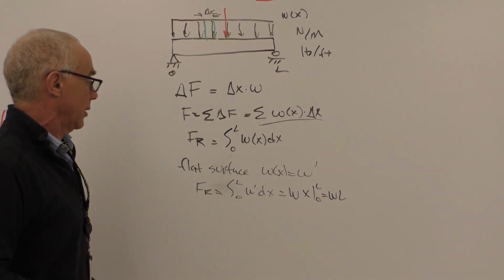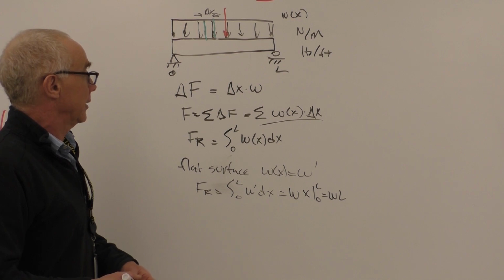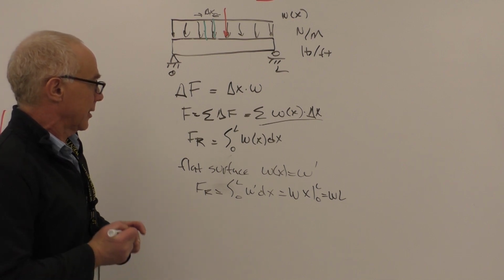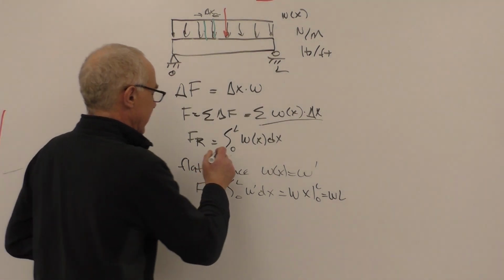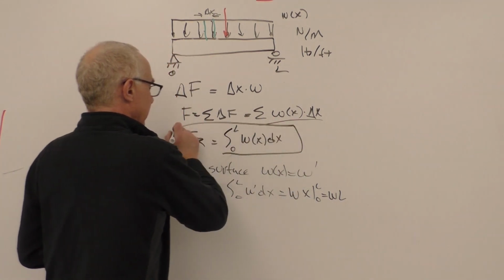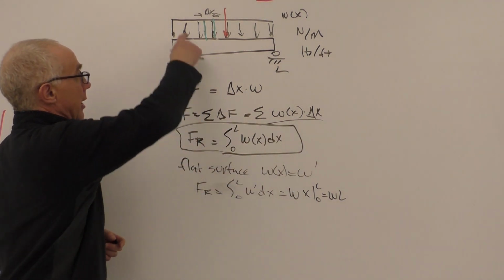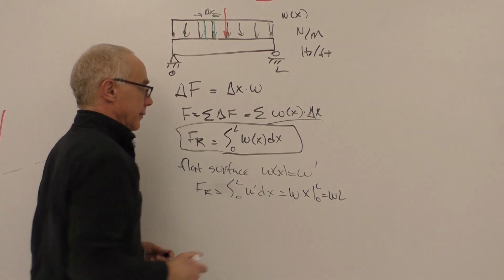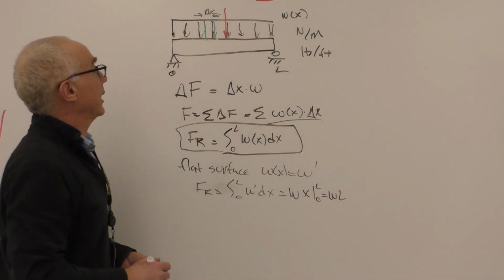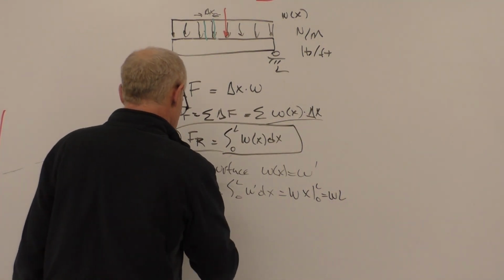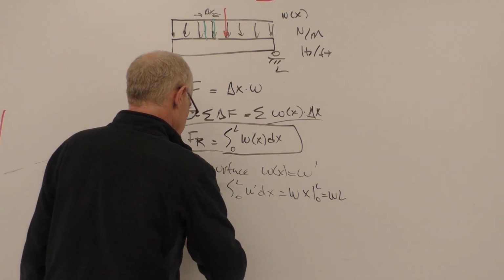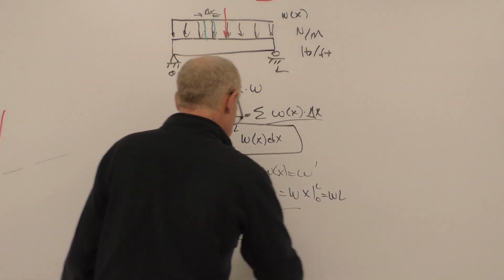And what you can also see is that this integral in fact represents the area under this W curve. So let's imagine we have another loading which is a triangular loading. Here's our beam.